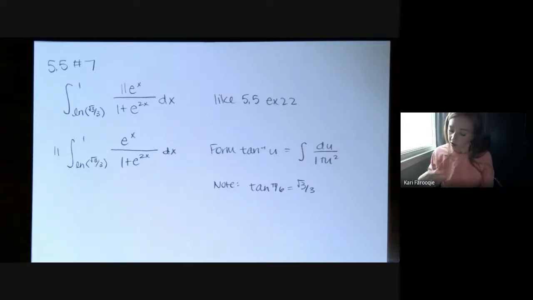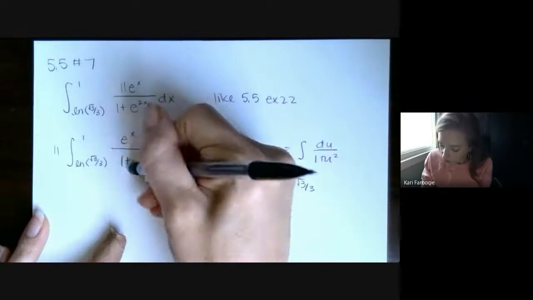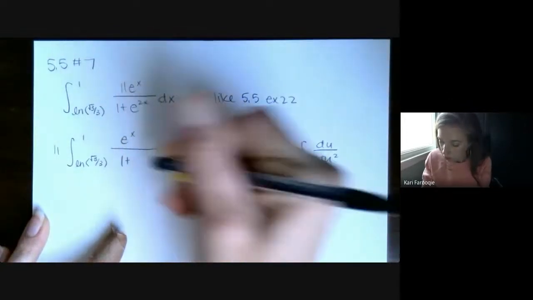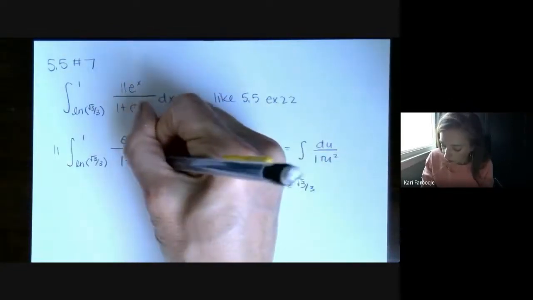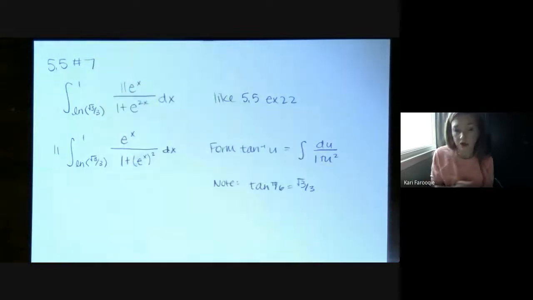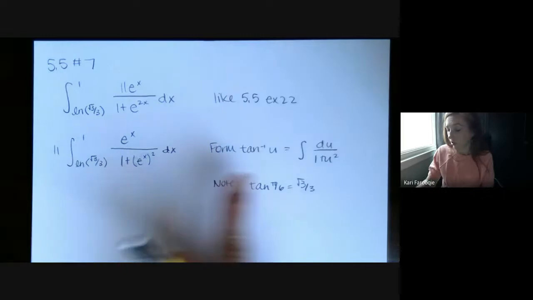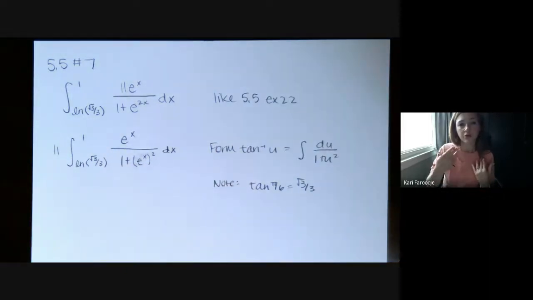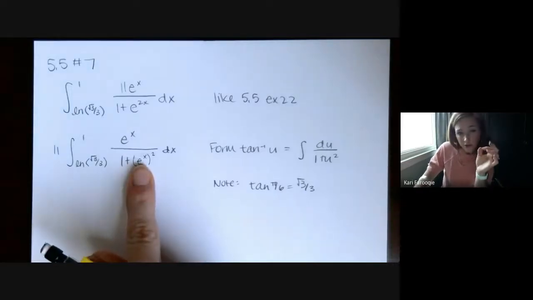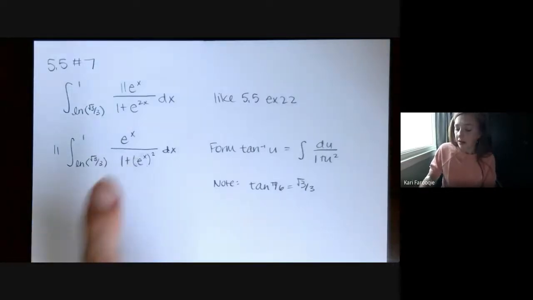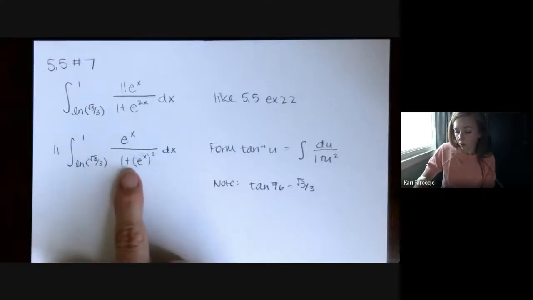So if you're going to do this, you can rewrite this again, and I should have done this here. If you rewrite e to the 2x as e to the x quantity squared, I think that you can match this up a little bit easier. So it's just another one of those situations where it looks really confusing at first, and then if you just do a little rewrite using algebra, now you can see that it's in the form du over 1 plus u squared.